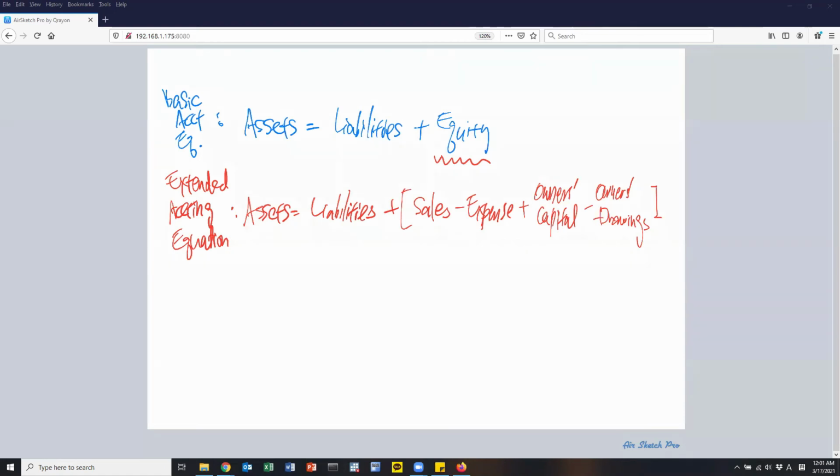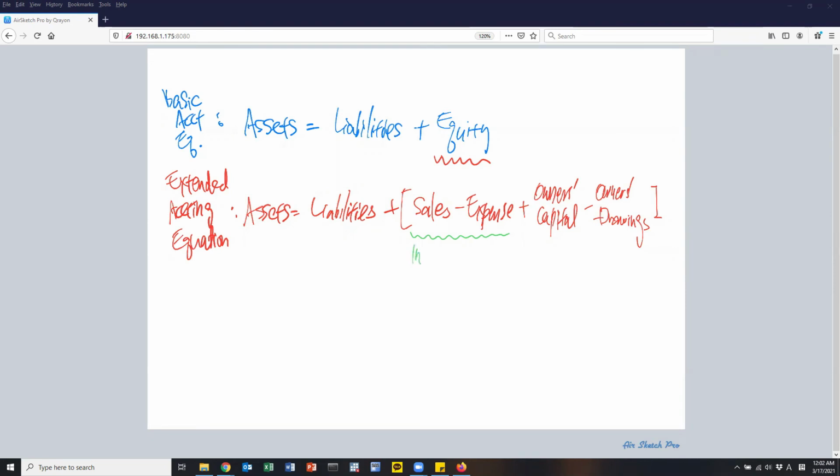So far, you've seen that I am speaking about something like financial statements. Do you remember that? I've talked about financial statements using the SEC's EDGAR website, right? Financial statements, plural. Then what kind of statements do we have? One of them is called the income statement, which is indeed nothing but this part of the extended accounting equation, which is sales minus expense equals net income.